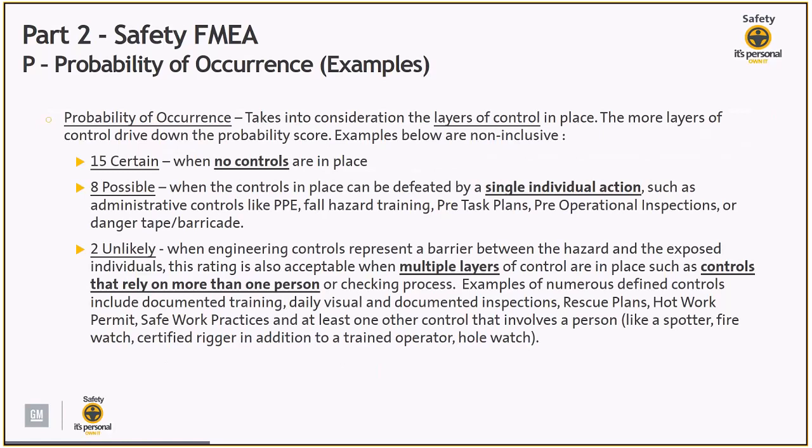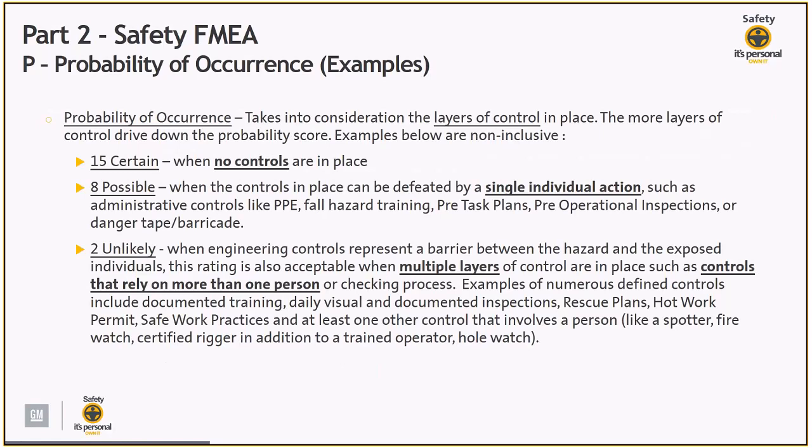Whereas we're saying 2 can be used, which is defined as unlikely, when engineering controls represent a barrier between the hazard and the exposed individual. This rating is acceptable when multiple layers of controls are in place, such as controls that rely on more than one person or a checking process.